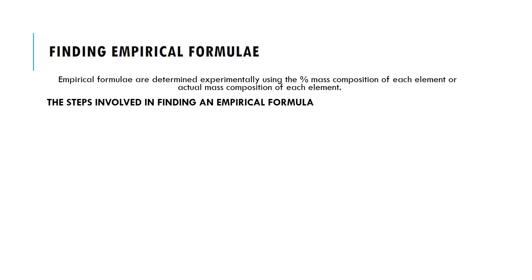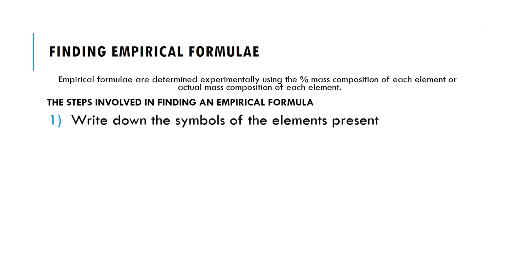So when we have that percentage composition report, and we already know that the percentage composition means the percentage of each element in our compound, we saw that in the last video, we can use that information to help us find the empirical formula. And we follow the same steps every time. So let's go through those steps, make note of these, because if you follow this process, it always works, but you have to follow it in order.